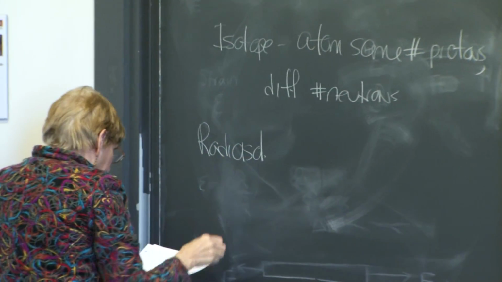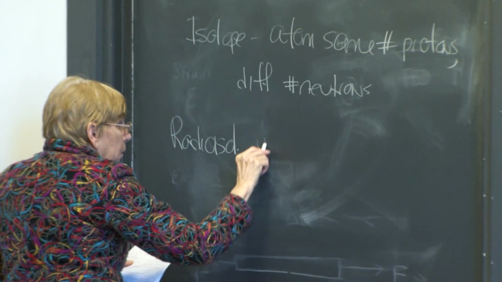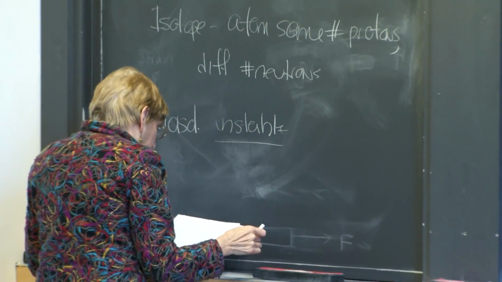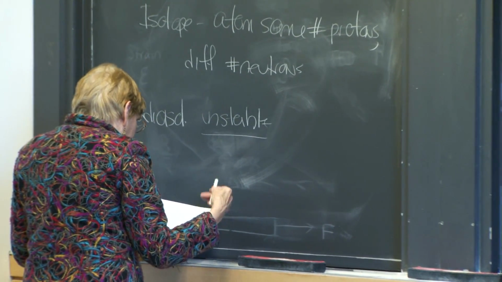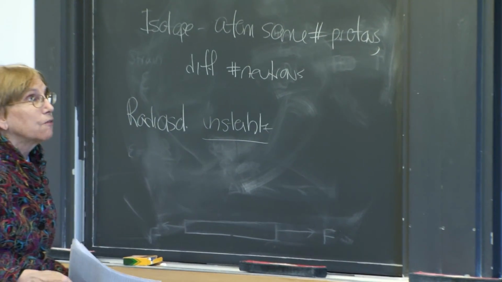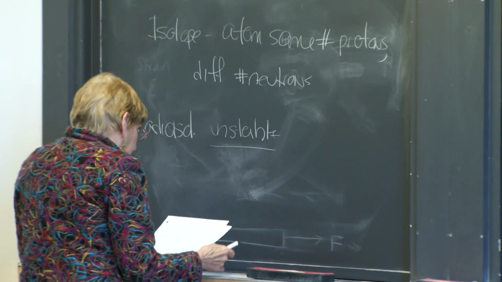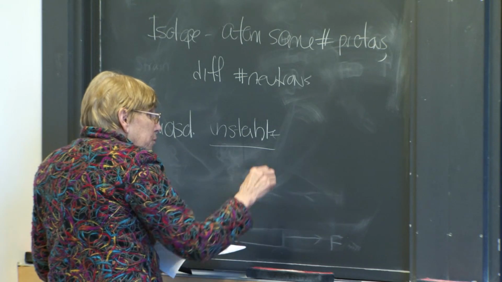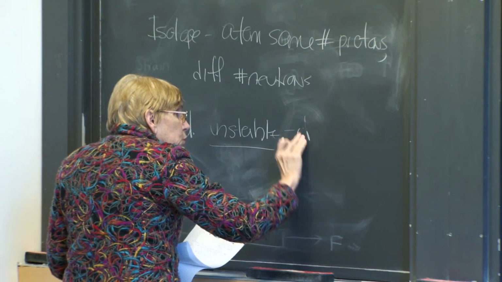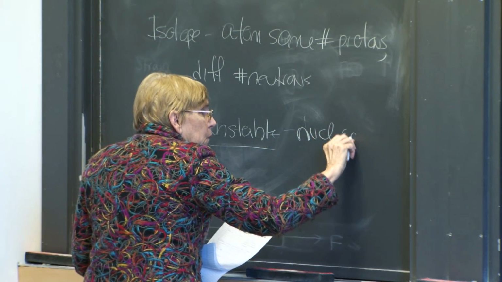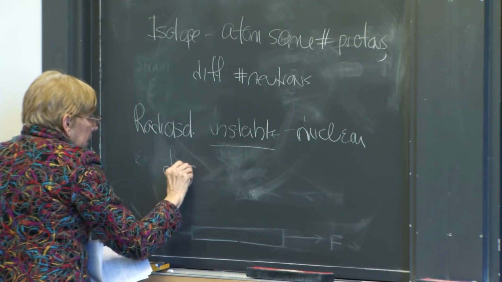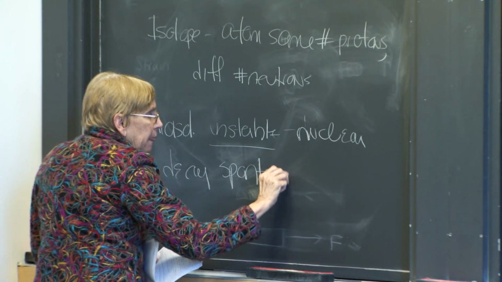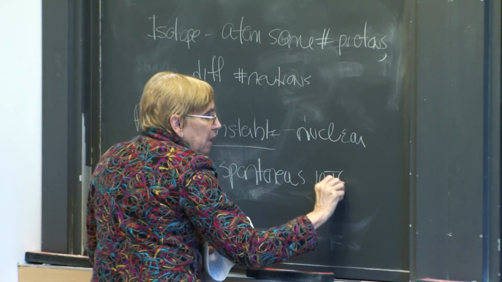What do we know about radioisotopes? They're unstable, and depending on which atoms they are, they have different stabilities. They decay spontaneously into some new configuration. They have a nuclear decay spontaneously into a new state.